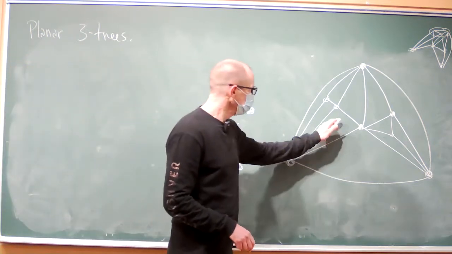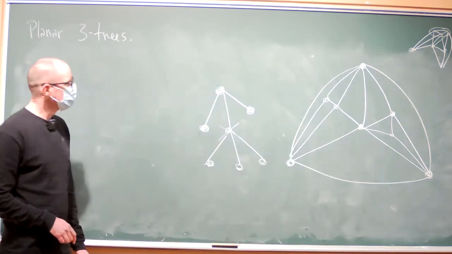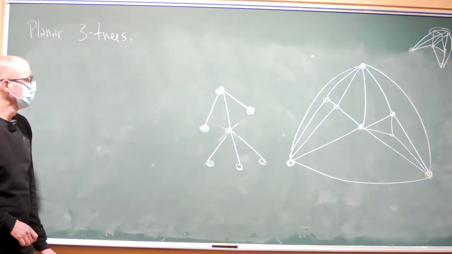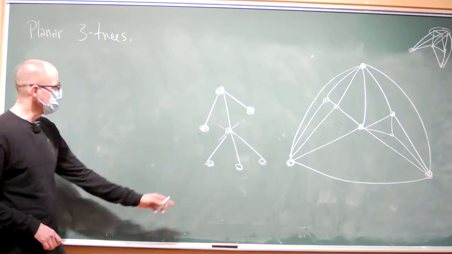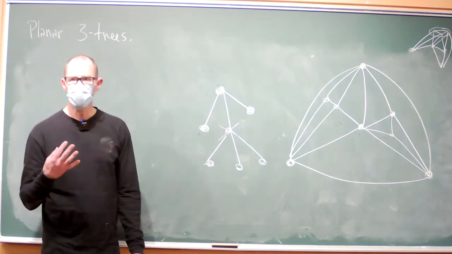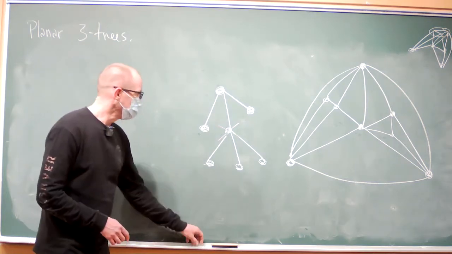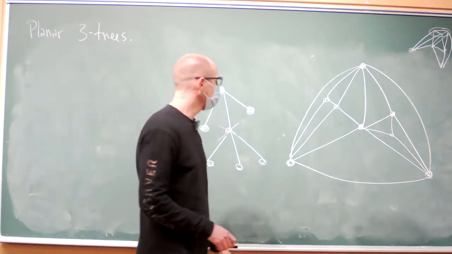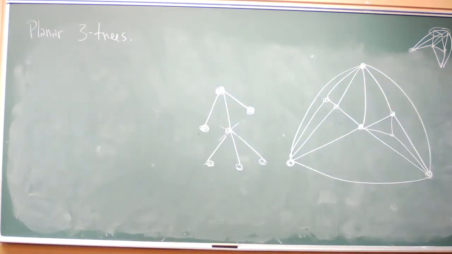These things also have balanced separators, but they're not of size 1, they're actually of size 3. So you can always find somewhere in there, if you give me even a big one of these things, a nice triangle, maybe like, I don't know, there's no good example here.